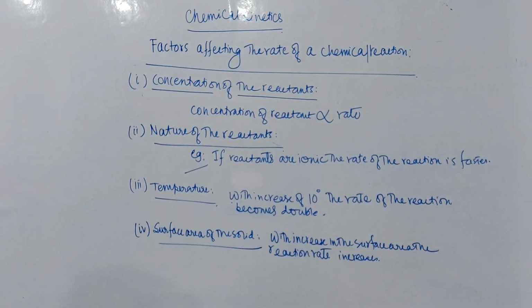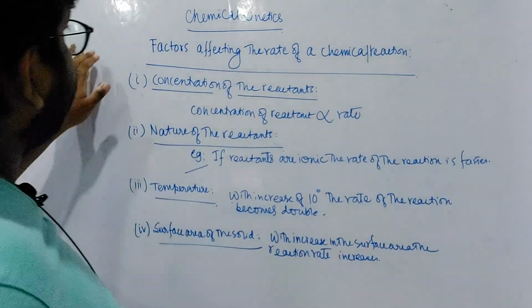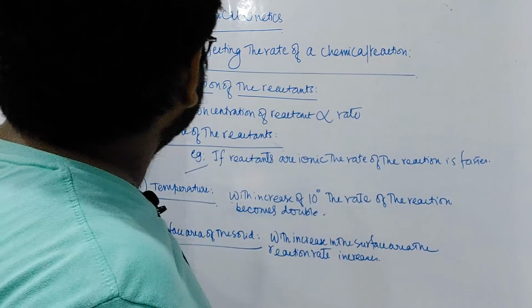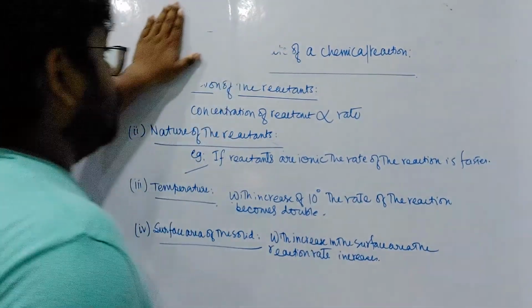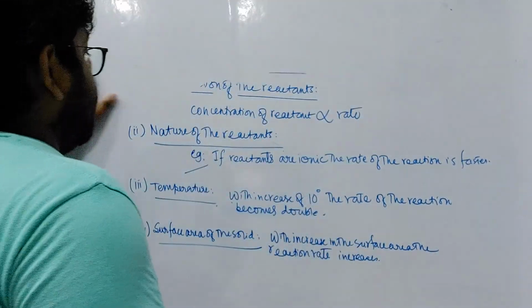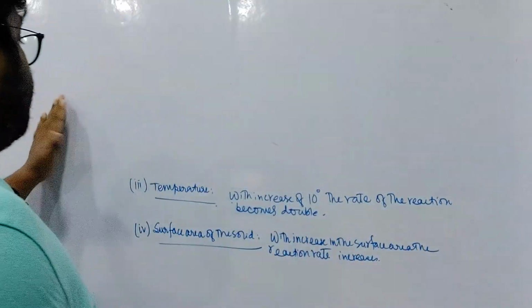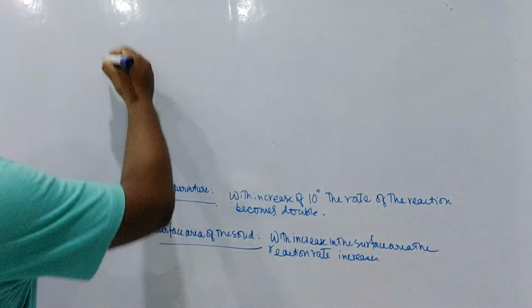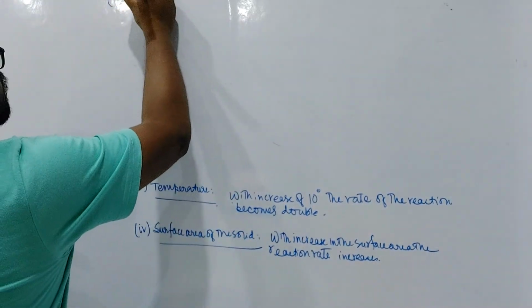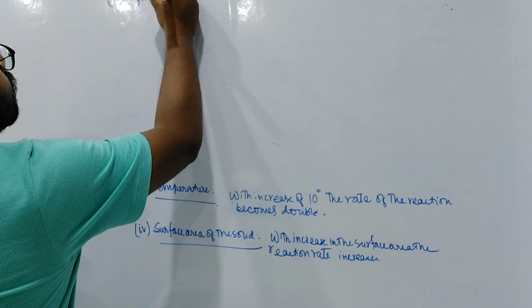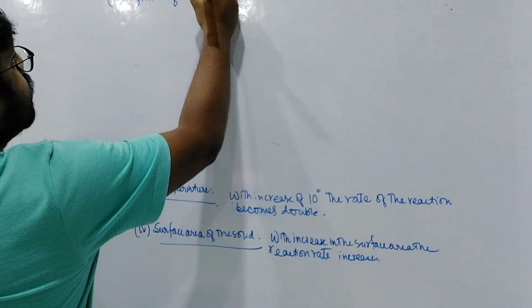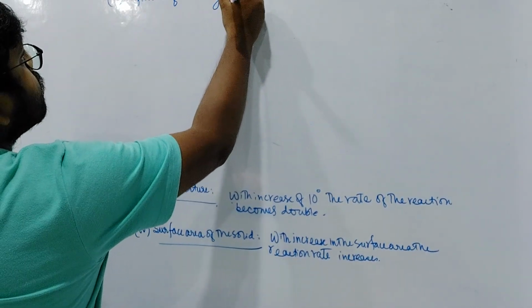Now the last and the final factor is influence of a catalyst. Okay, the last and the final factor is the influence of the catalyst. Factor number 5 is influence of a catalyst.